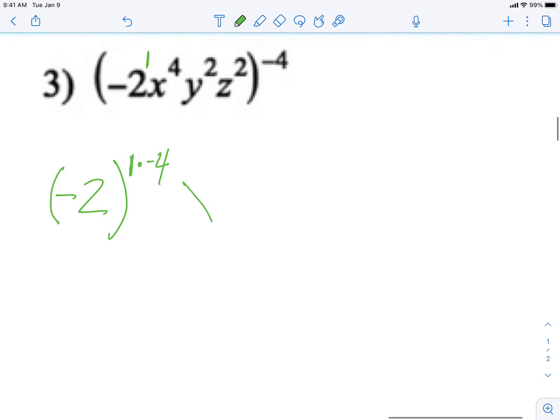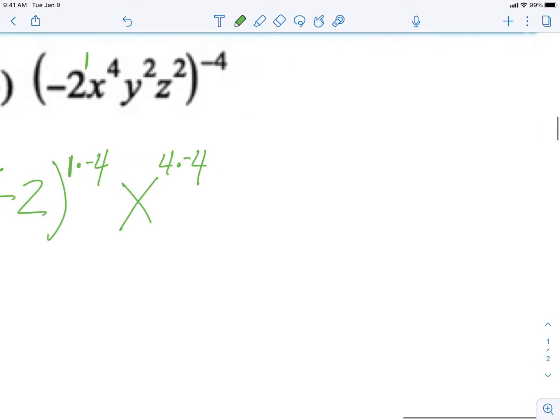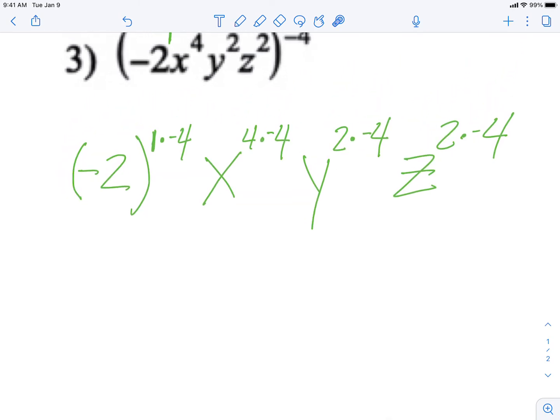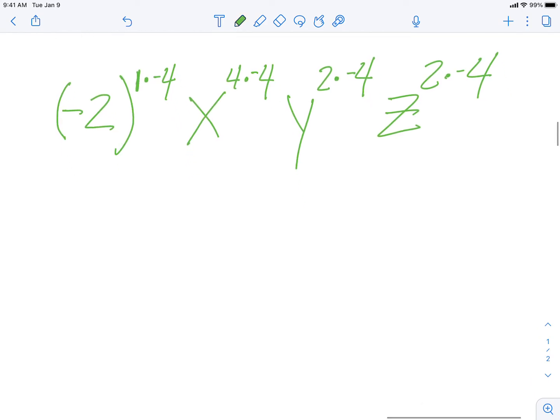So I'm going to do x, 4 times -4, and then y, 2 times -4, and then z, 2 times -4. Okay? So, let's see here. 1 times negative 4 is negative 4, so negative 2 to the negative 4 power.